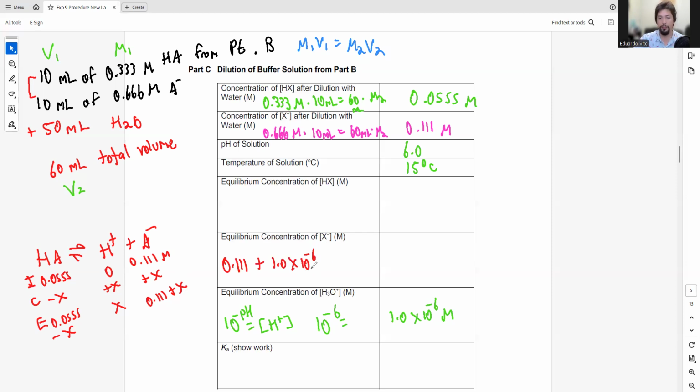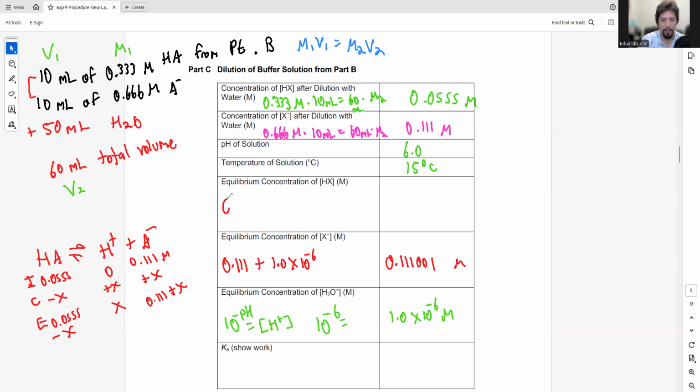So let's go ahead and put that calculation in place. Plus 1.0 times 10 to the minus 6. It's just 0.111001. So basically the same. It's a very small number, right? So this would be 0.111001. And then sig figs, it would basically stay the same, but I'm using the whole numbers just to emphasize that it's changing by a certain amount.